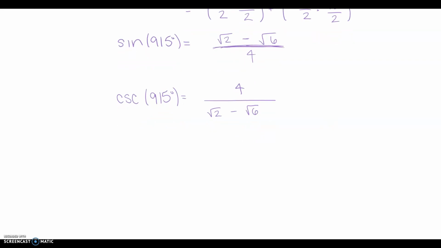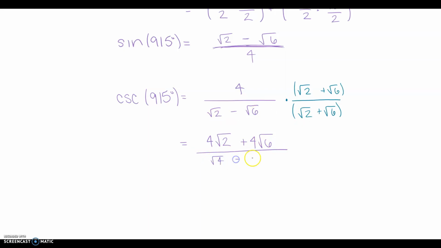So I'm going to multiply by the conjugate to rationalize the denominator. So we have 4 times the square root of 2 plus 4 times the square root of 6. And then in the denominator I get the square root of 4 minus the square root of 36.